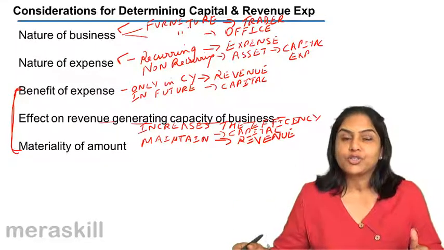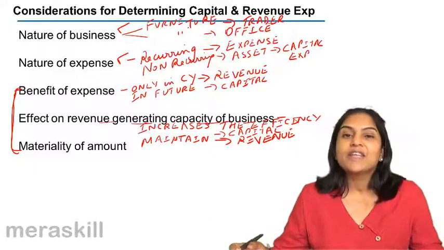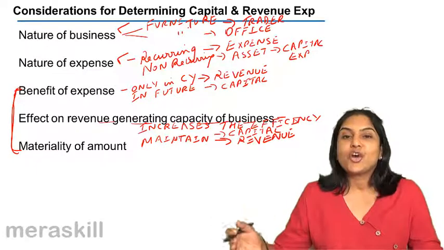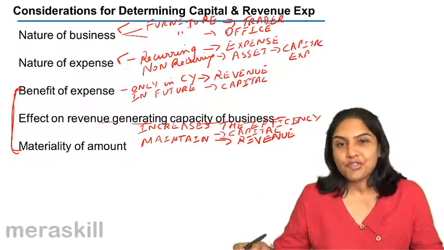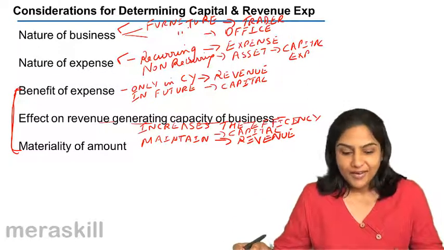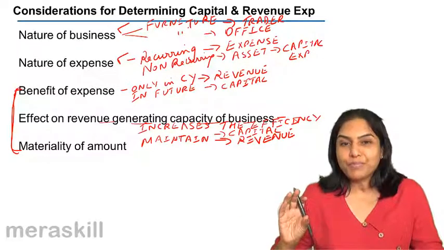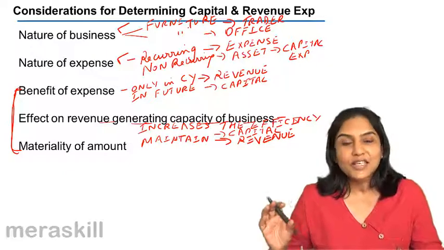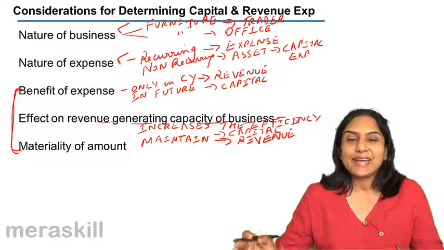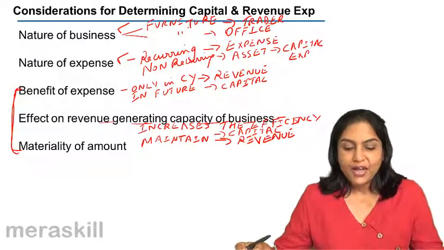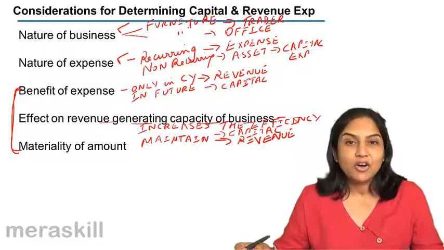Having said that, we also said materiality and said that if the amount spent is very small, even if the benefit is received over more than a year in future periods, since the amount of expense is not material, not significant, the amount of expense is small, it can be treated as an expense. And also the effect on the revenue generating capacity of the business.